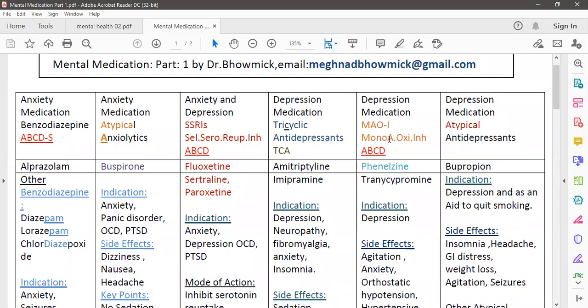So monoamine oxidase inhibitor. These drugs block the MAO enzyme that breaks down epinephrine, dopamine, even serotonin, which lead to depression.